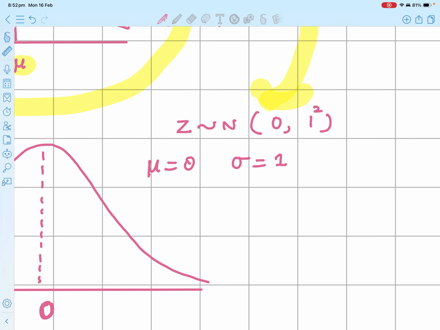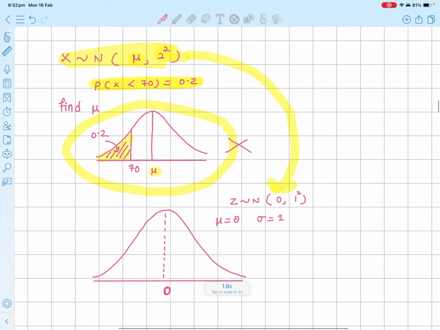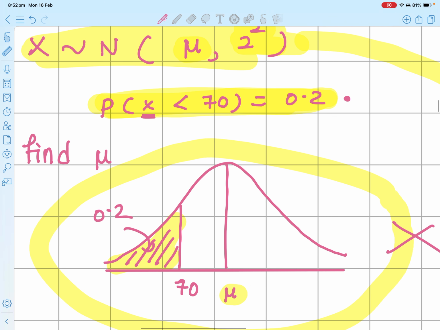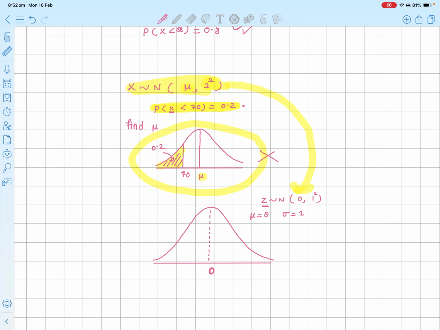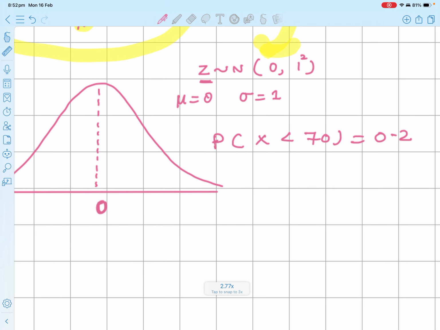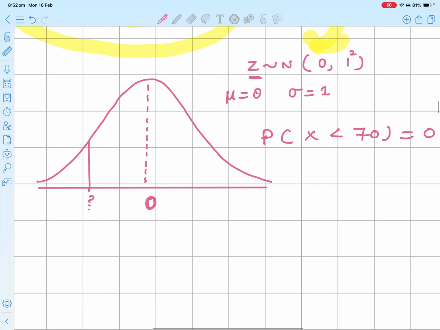And what they gave us is this. This information is what they gave us. But that was X. What I have is Z now. I'm trying to change everything to a Z. So I'm just going to change probability of X less than 70 equals 0.2. Do you agree that I can't put this point here as 70, because I've changed this variable to a 0?